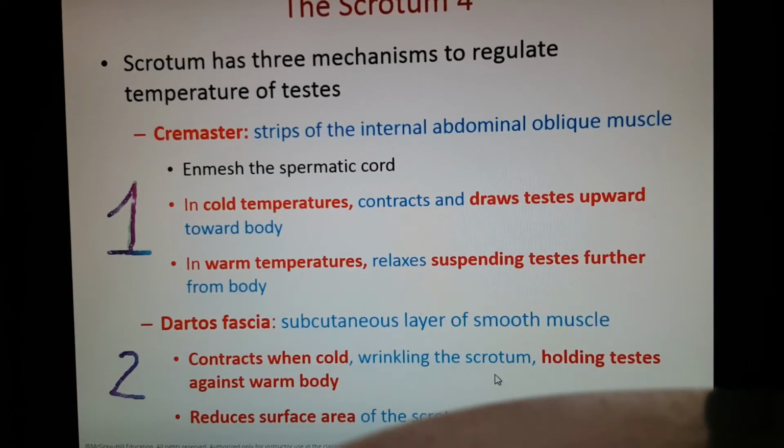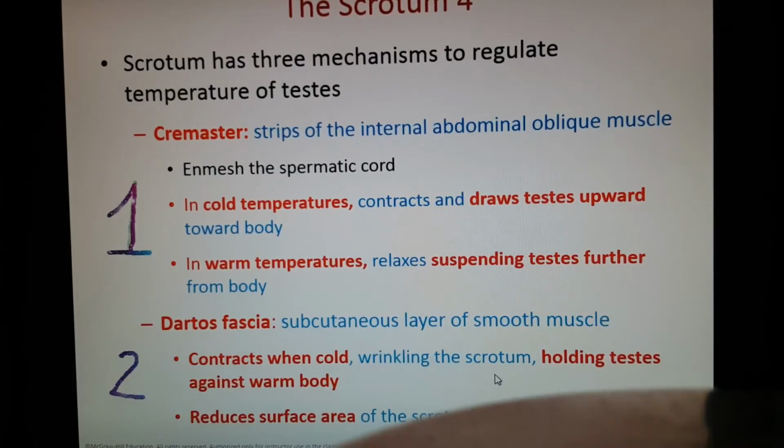It's cold, so they're getting colder and not as protected, and they need to maintain their 35-degree temperature. By contracting and pulling the testes upward toward the body, they can be warmed by the body heat. In the opposite case, in warmer temperatures, that muscle will relax so that the testes are suspended further away from the body and therefore away from the internal body temperature, allowing them to cool off.